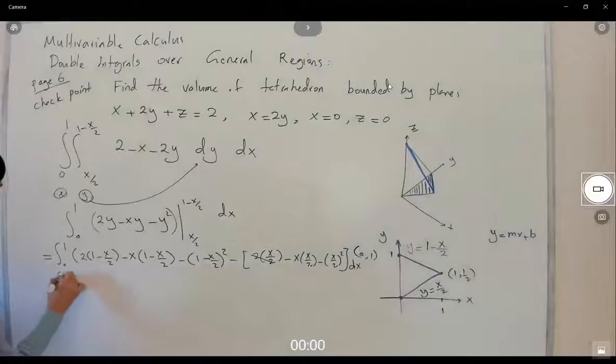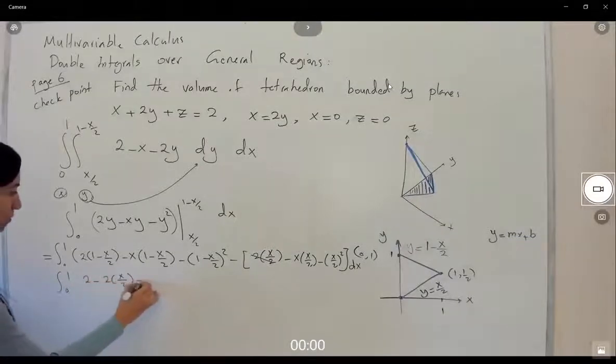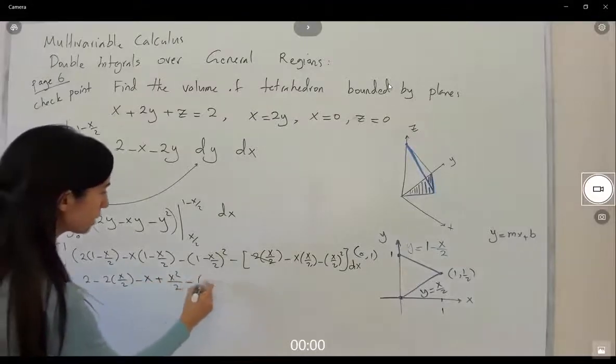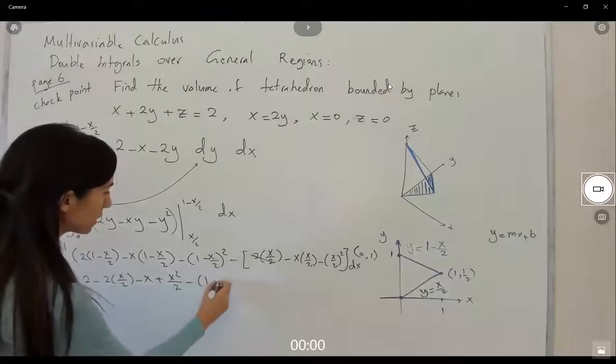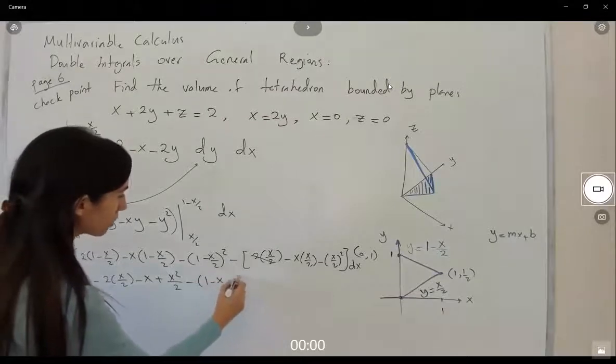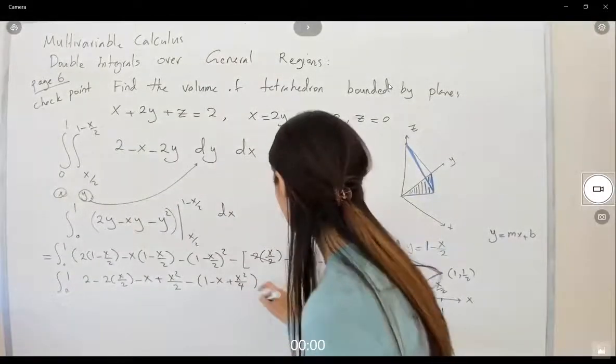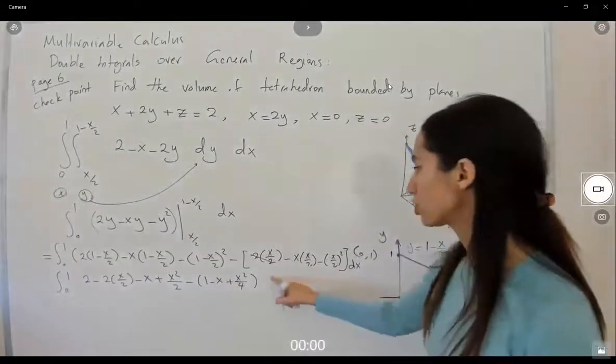Integral 0 to 1, 2 minus 2x over 2 minus x plus x squared over 2 minus, here you have 1 minus x plus x squared over 4. And here you have subtraction.